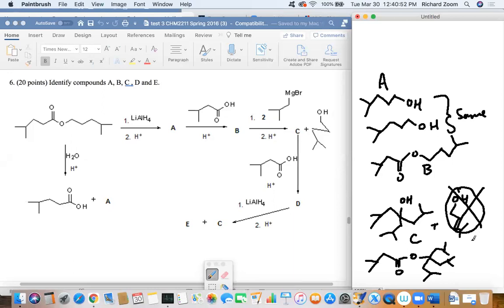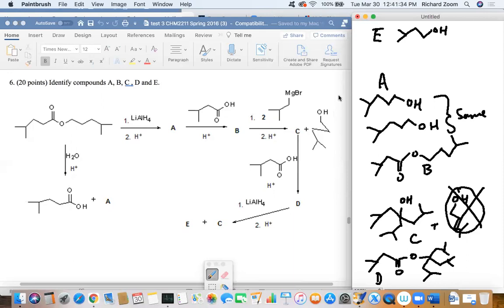Does anybody have any questions? That's D. And then the last one here is the lithium aluminum hydride, which gives apparently E plus C. You already got C from up here, so you know that that's one of the products. And then you could also then get E, which would be that.